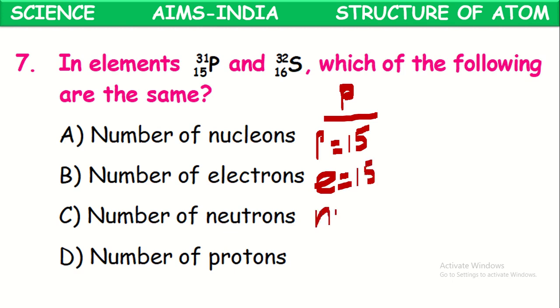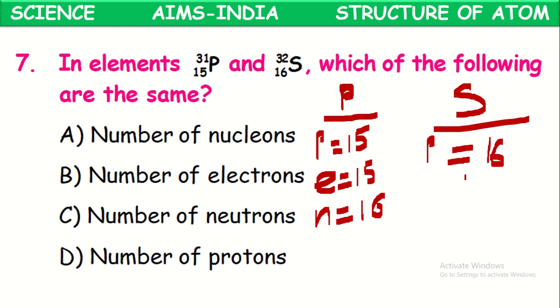And neutrons? Mass number minus atomic number, that is 16. For sulfur, the proton number is 16. If protons are 16, electrons also will be 16. And the number of neutrons is mass number 32 minus atomic number 16, so the number of neutrons is 16.